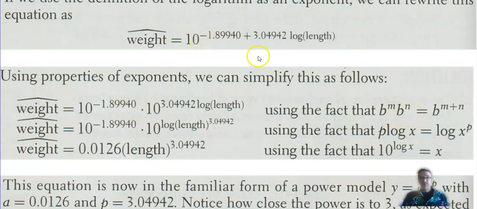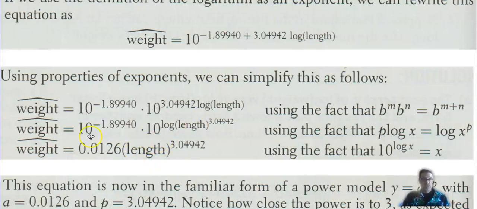Because we have an exponent rule that says adding exponents is multiplying bases, I made two 10s: 10 raised to this power times 10 raised to this power. Bring the 3.04942 into the power of x, because if you have anything in front of a log, that means it's the power of what's inside the log.